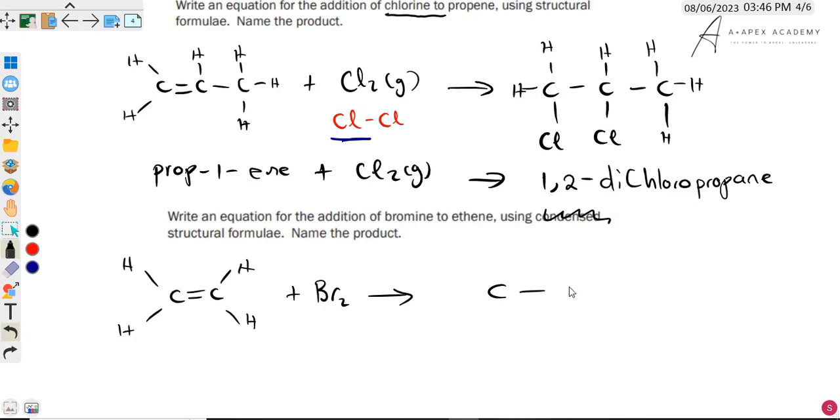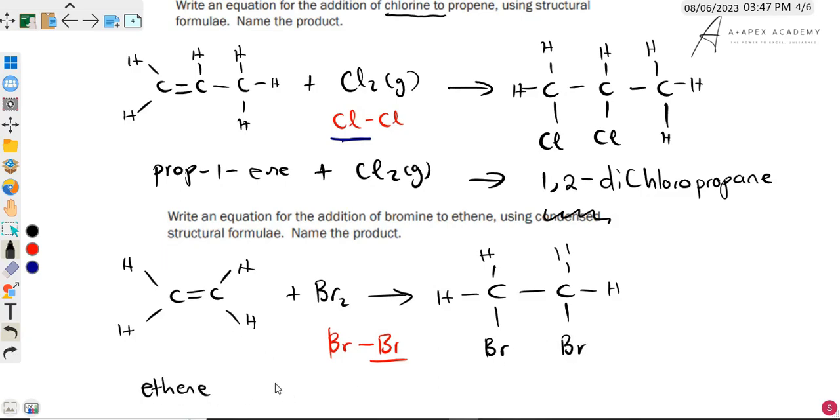First things first, we have this now. Originally, each one had two hydrogen atoms. We broke the double bond. Now we are left with 3 bonds. How do we write this? This is the same as bromine bonded to bromine. So one will go there, the other will go to the other side. So we have Br, we have Br. Originally, what did we have?